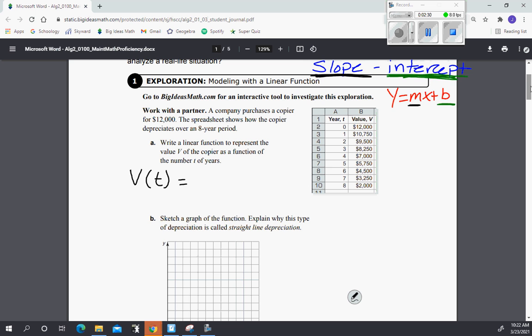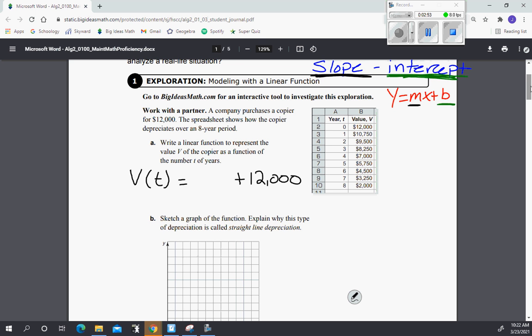Okay, and we start off with $12,000. Okay, at year 0, we have $12,000. That's where we're going to start off. That's our y-intercept, right? 12,000.